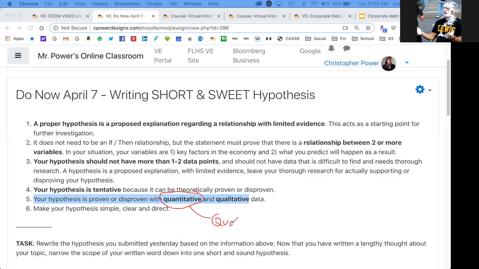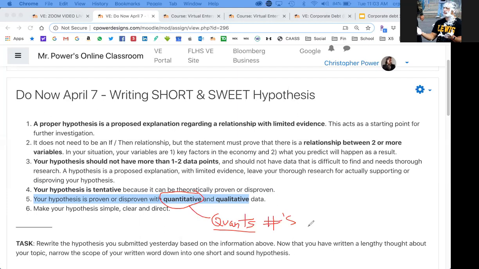In financing, it would be called quants. In statistics, they would call it quants. In investing, you'd call it quants, quantitative analysis. It's all about numbers. That is all. What does the data say? Data can be measured.